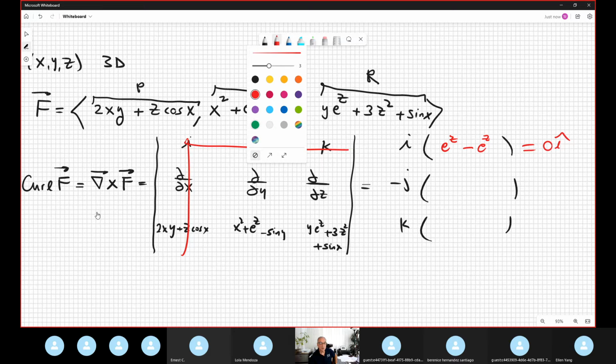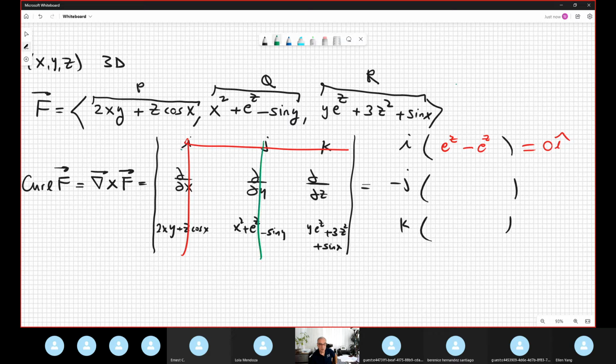Okay, let me use another color now. Suppose green color for the j. Okay, suppose now I delete this and that. And you differentiate with respect to x. The only trigonometric function is sine. Then the derivative of sine is cosine, cosine x. Minus, and the derivative of this with respect to z, cosine x is constant. Then the derivative of z with respect to z is 1 times cosine.